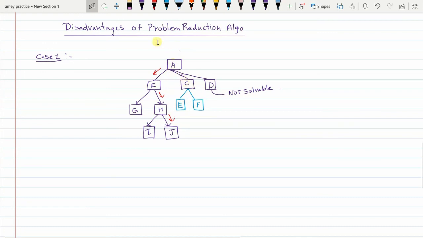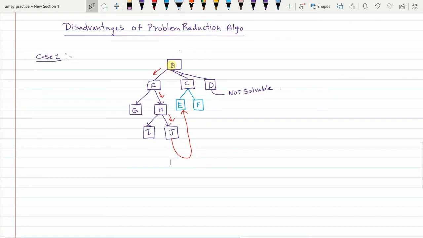Now see what happens. So far suppose the algorithm explores till node G. Now suppose when J is expanded further, the algorithm realizes that J has a successor, that is E. Now if you note carefully, from node A, in order to reach node E, the path that we have considered is A to E, E to H, H to J and J to E. But this path looks longer than the other available path.